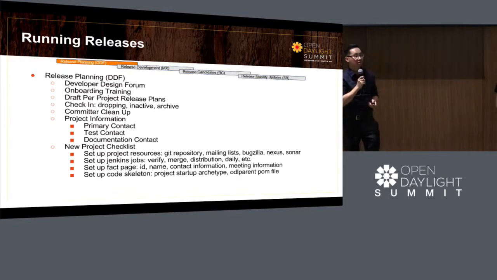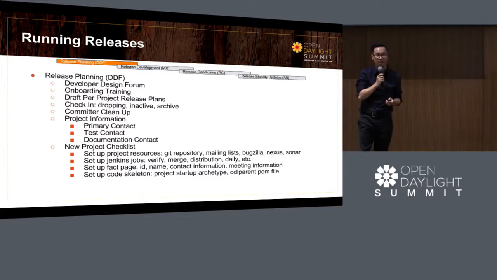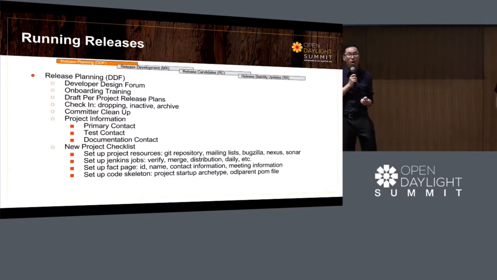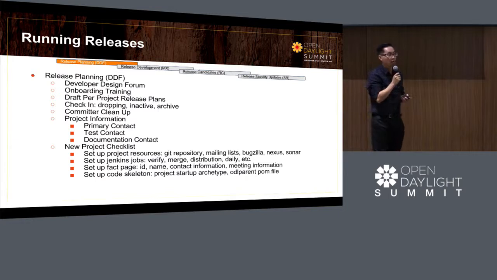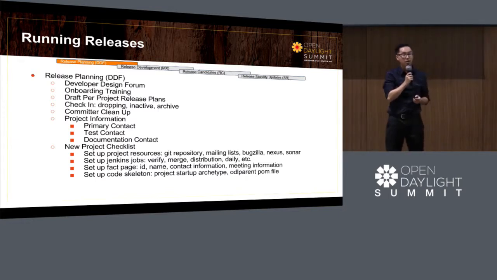The first phase is the release planning phase, the highlight being the DDF, where we work with new projects to help draft their release plan for the next release, that being Carbon. But we also help new projects come on board with their new project checklist and help them identify contact information.